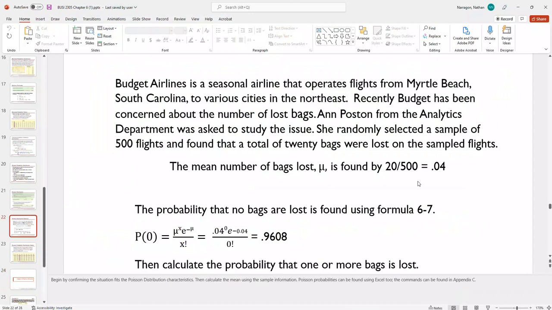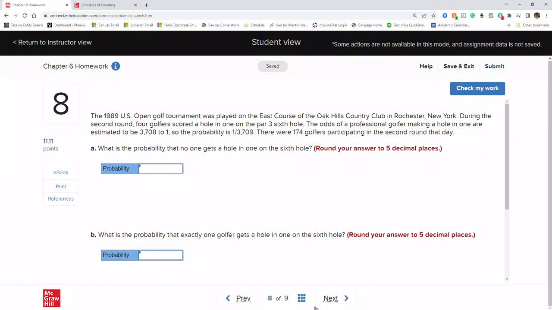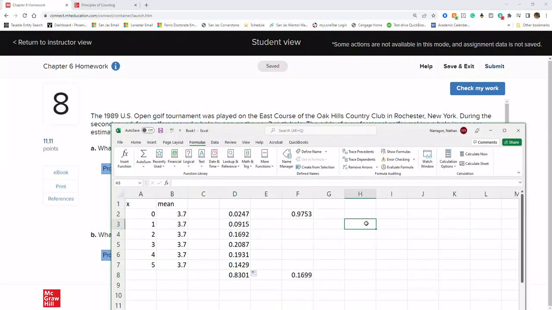Basically taking our percentage. So we're going to take the number in. So here, this is for sighted. We're going to find the mean.